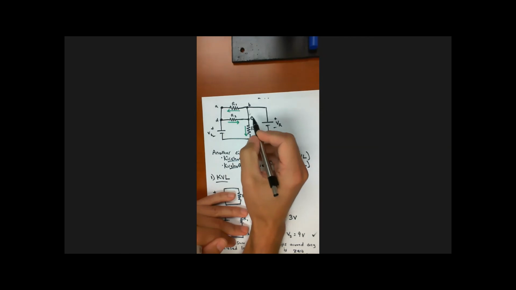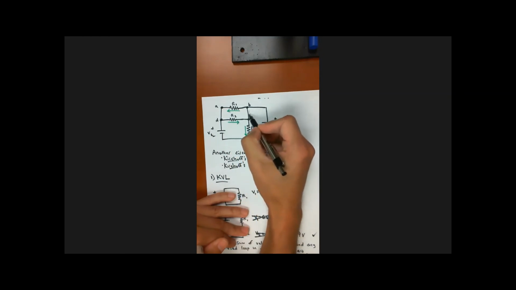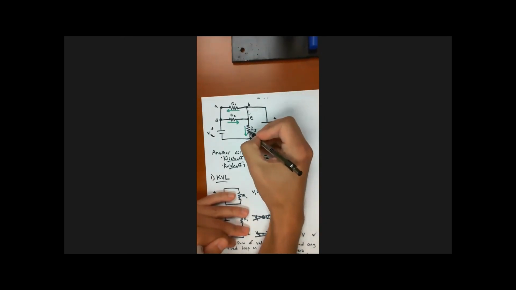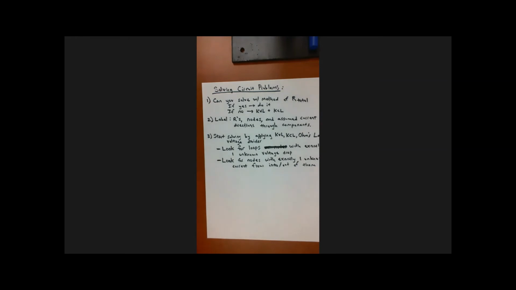What I mean is there's one current flowing into or out of E, or any node, that is unknown. If I know this current flow and this current flow, I can solve for this last one. Or if I know this one and this one, then I can solve for I2. I just need to have one and only one unknown current flow to apply KCL and construct a useful KCL equation.